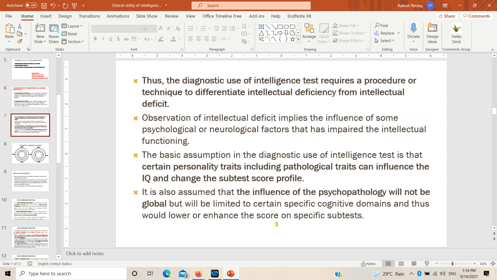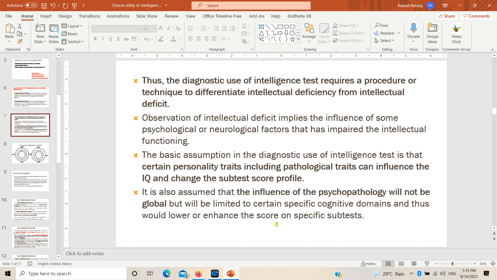Whenever we infer intellectual deficit, it implies that some psychological, psychopathological, or neurological factors have impaired the intellectual functioning.